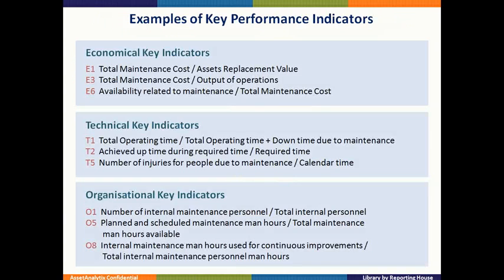Or if you're trying to monitor production hours, maybe your operating hours, you can define it like this. As in the case of a balanced scorecard, if you're trying to see the organizational preparedness or maturity, or how the organization is evolving, maybe you can design something to understand that.